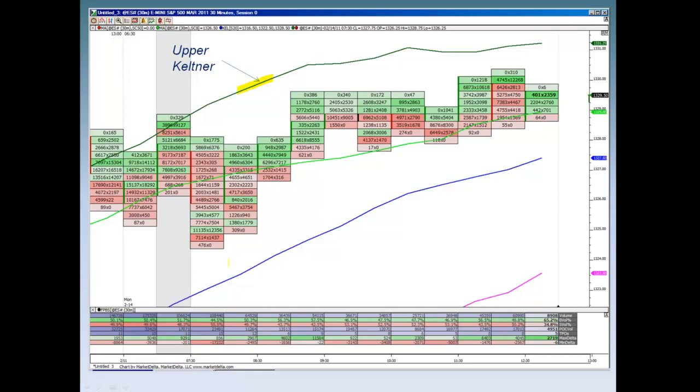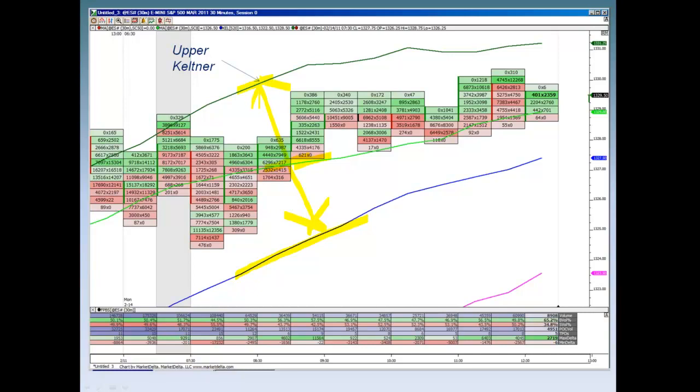In this case, this was not a strong directional market. It did have some directional bias. I can see the blue line, my center line, heading up, and I also see the 8 simple moving average heading up. But prices are trapped in this upper half of the Keltner.